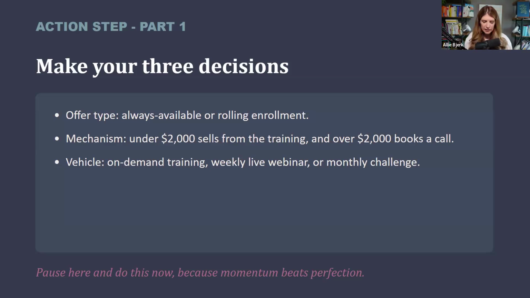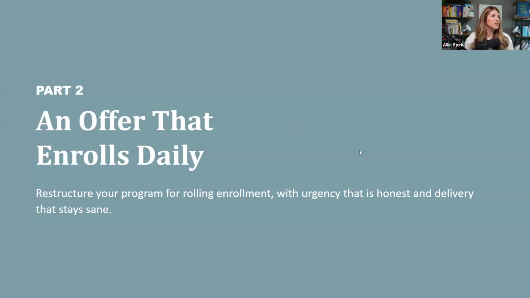Yeah, exactly. Okay, cool. So the next thing that I want to talk about in part 2 of this training is how you design an offer that can handle the rolling enrollment side of things. If you're not doing a cohort, where everybody comes in at the same time and is in the same place in the program, I've seen this break a lot of people's brains.